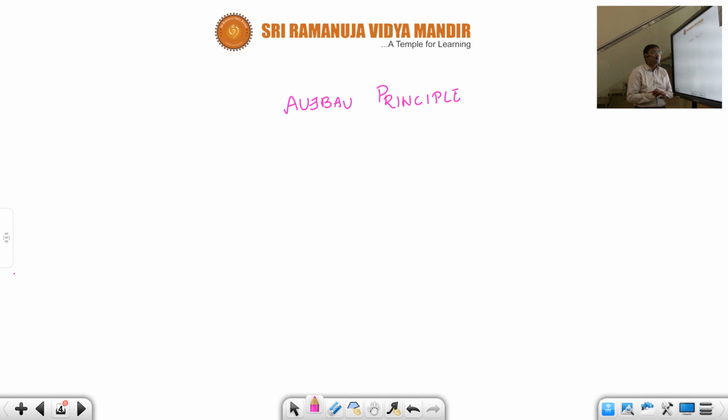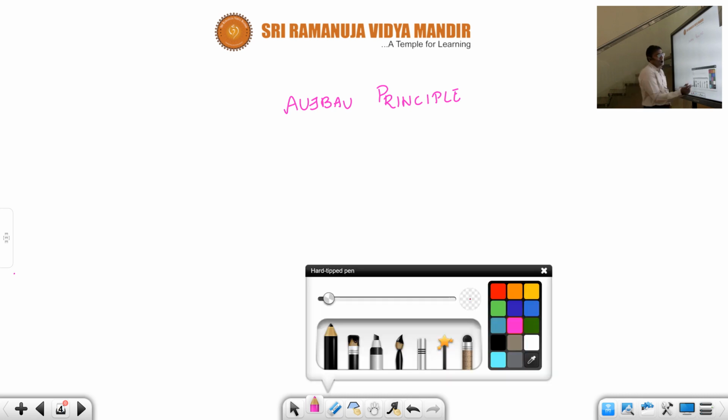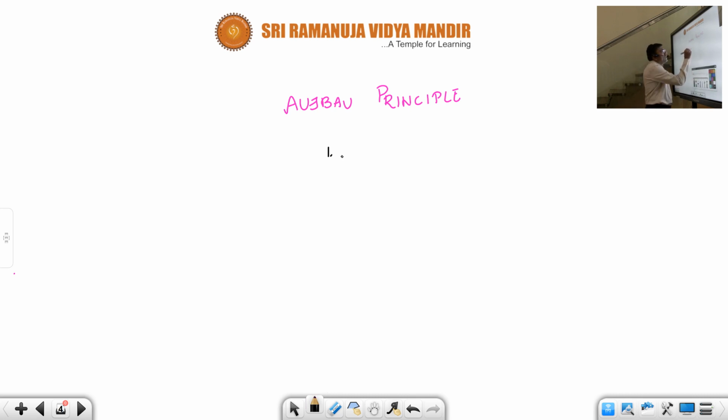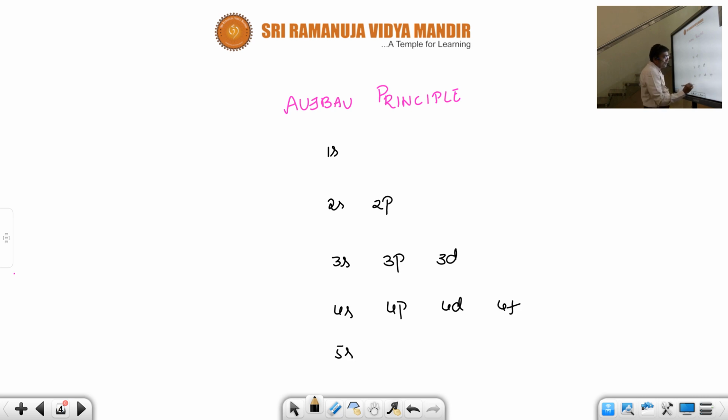What are the energy levels? These are the energy levels: 1s, 2s, 2p, 3s, 3p, 3d, 4s, 4p, 4d, 4f, 5s, 5p, 5d, 5f, 6s, etc.